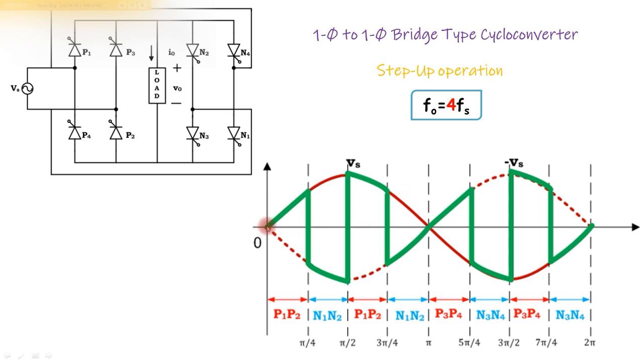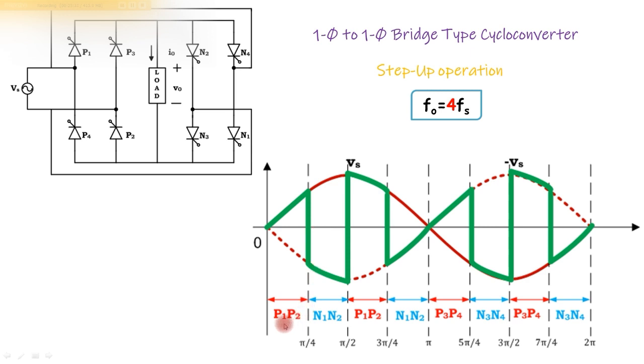So we have divided one cycle of input. This is one cycle of input. There are 8 switchings in each complete cycle, and each switching will occur at 360 degrees divided by 8, that is 45 degrees.